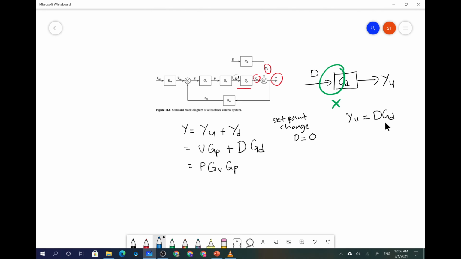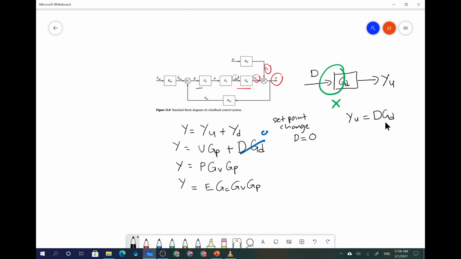So straight away, this term is equal to 0, and we just have to continue. So y is equal to, what is p? P is equal to this one, e times Gc. Don't forget your Gv and Ge.